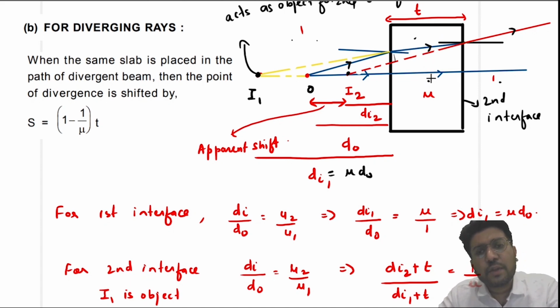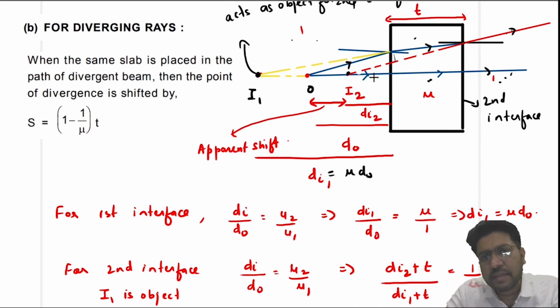If light travels from denser to rarer medium, it bends away from the normal. This is the bending away from the normal, and this is the ray which is perpendicular to this interface, so it is not bending. Now these two rays cannot intersect this side, but they intersect behind. So the intersection point is this one, and this is the image.